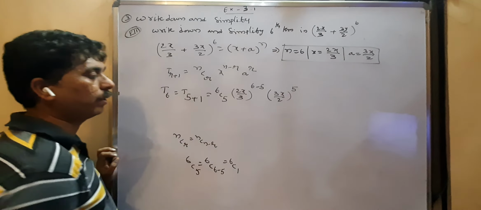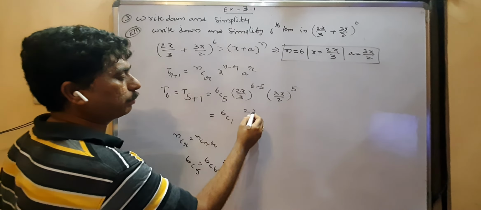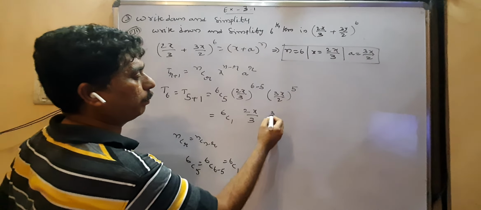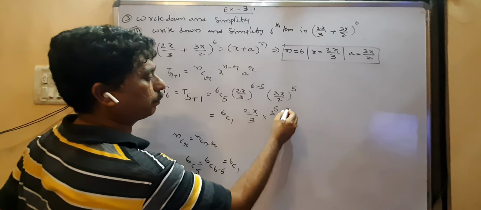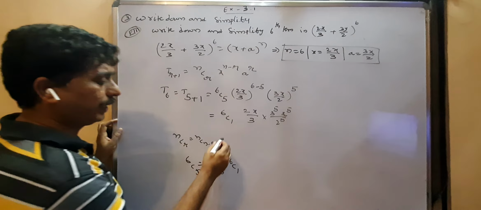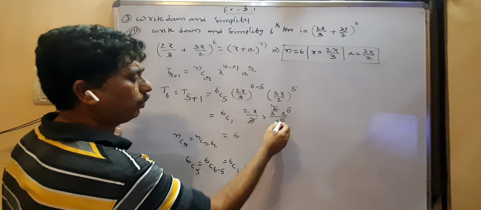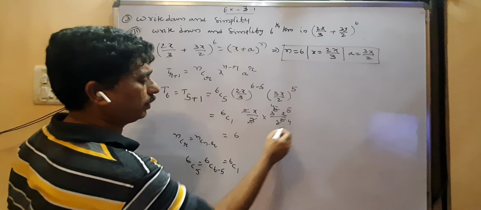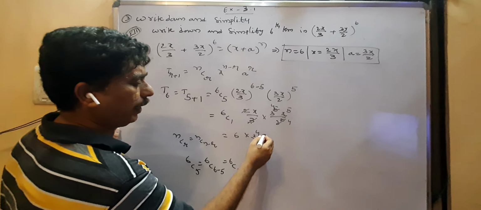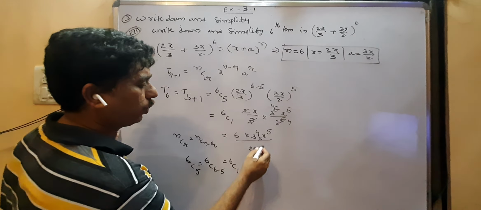So this is 6c1, 2x by 3 whole power 1 into 3 power 5 x power 5 by 2 power 5. So 6, 3 power 5 by 3 means 3 power 4. 2 power 5, 2 cancel, we will get 3 power 4 x power 5 by 2 power 4, 2 into 2 cube.